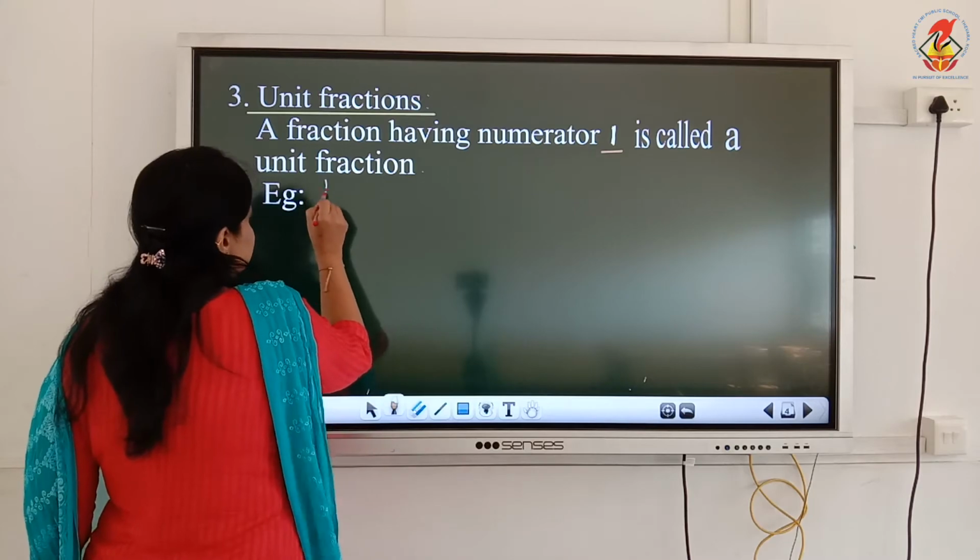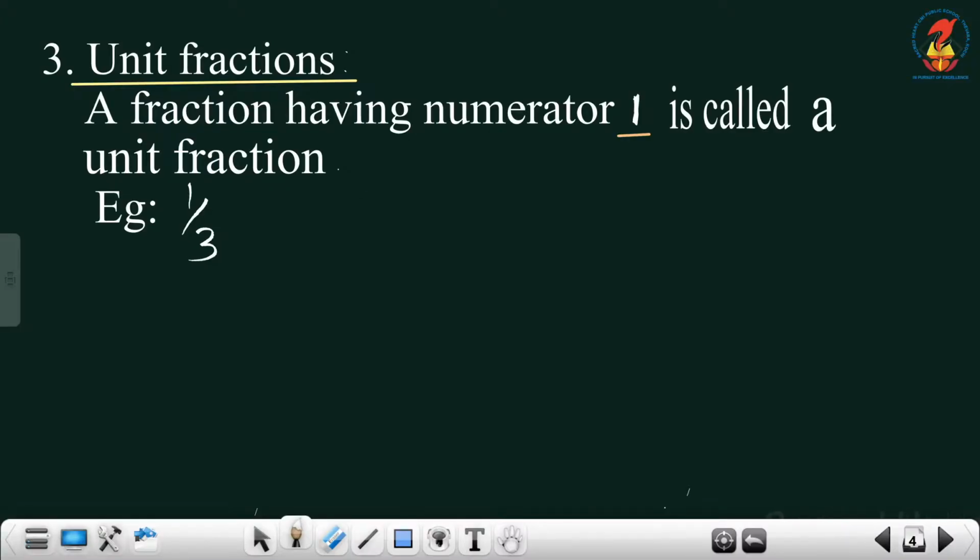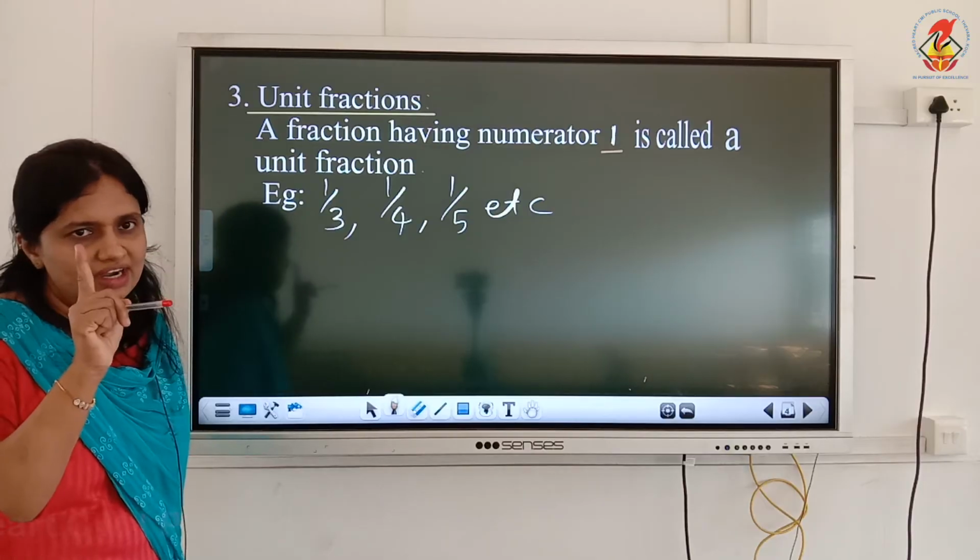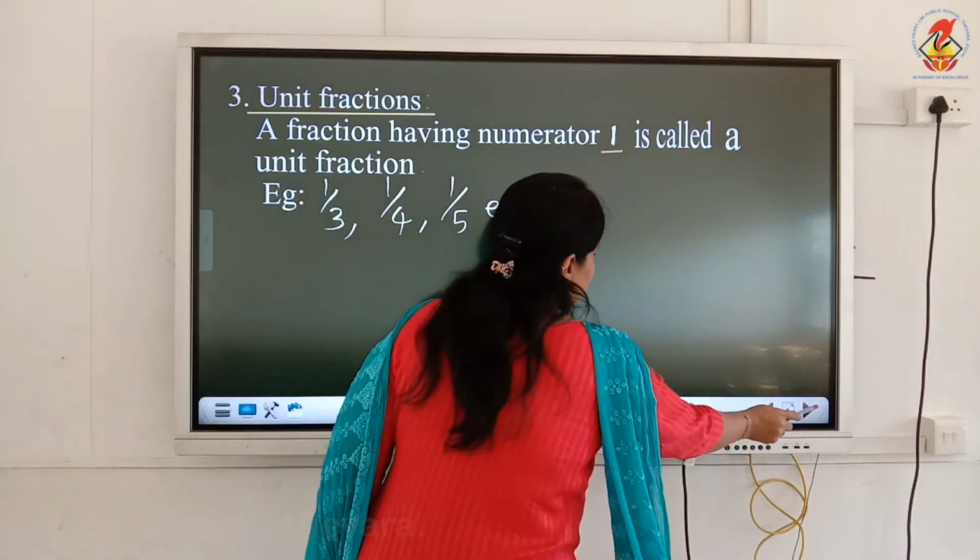I will give you some examples. 1 by 3, numerator is 1, unit fraction. 1 by 4, and 1 by 5, etc. These all are unit fractions because numerator is 1.